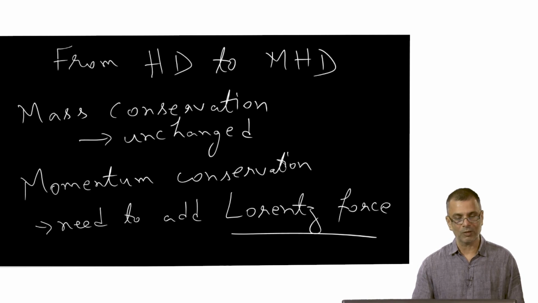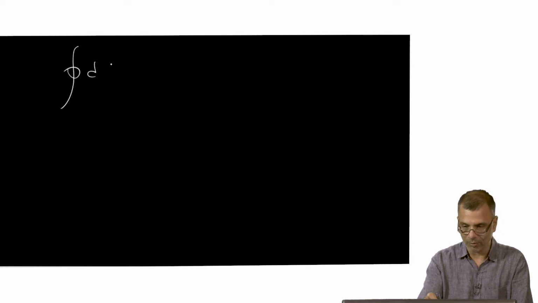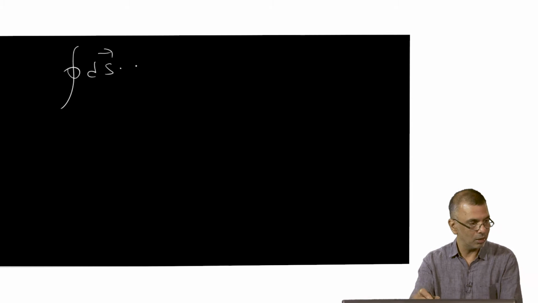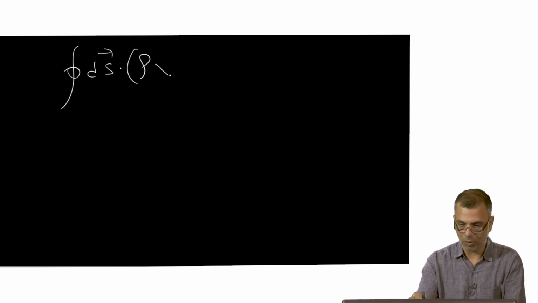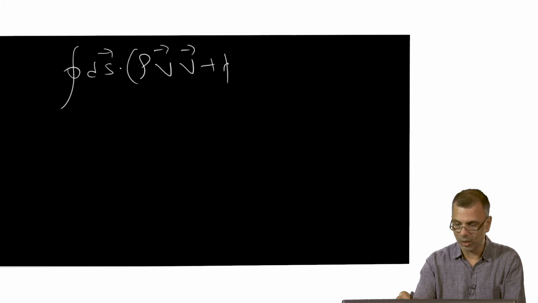Similarly, momentum conservation, which is very important because that's where magnetohydrodynamics starts becoming significantly different from hydrodynamics. The momentum conservation equation, still in hydrodynamics, is essentially divergence of rho u outer u, plus divergence of p times I, equals 0.